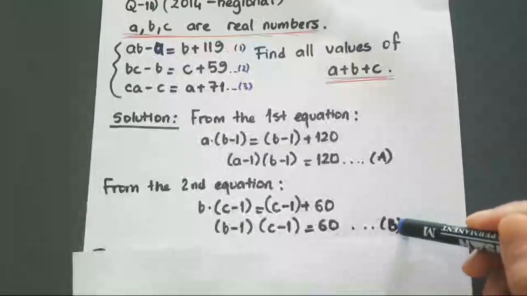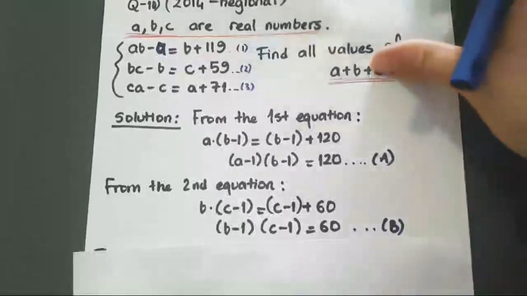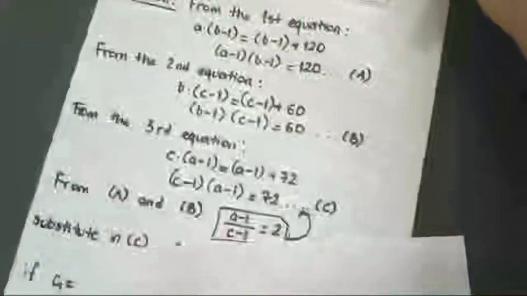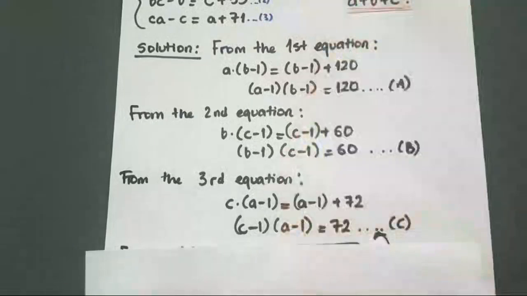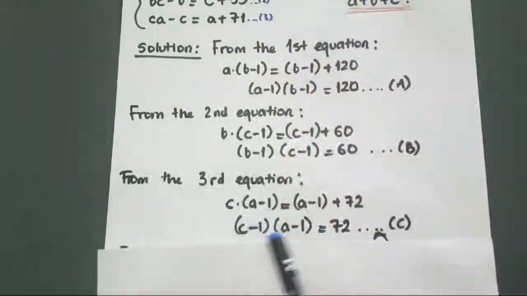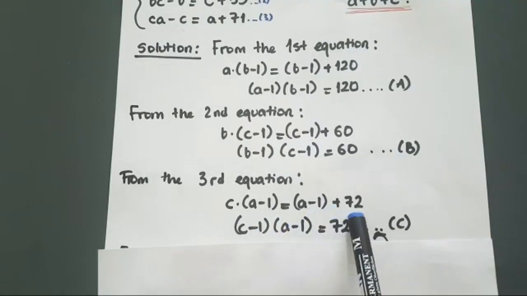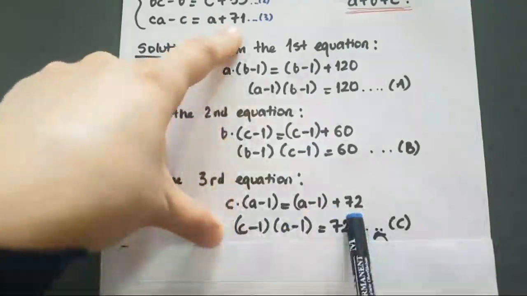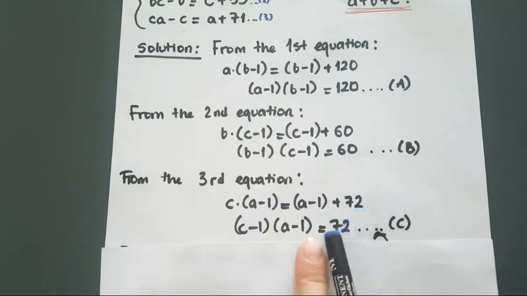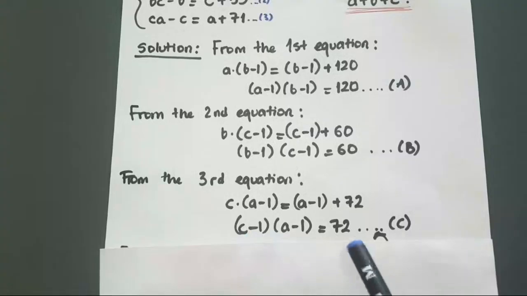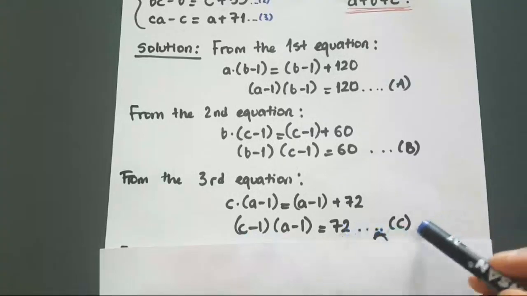Let me name this as B. And from the third one, by the same method, I got C times (A minus 1) is equal to (A minus 1) plus 72. Here it was 71, I've made it minus 1 plus 72. So it will be (C minus 1) times (A minus 1) is equal to 72. That is C.